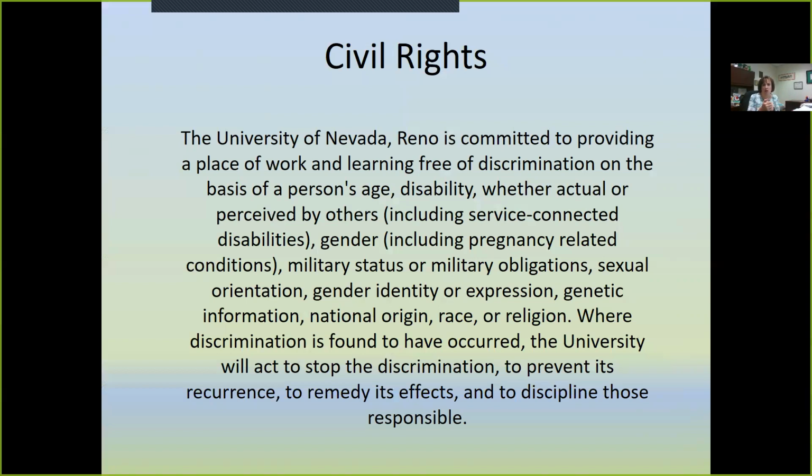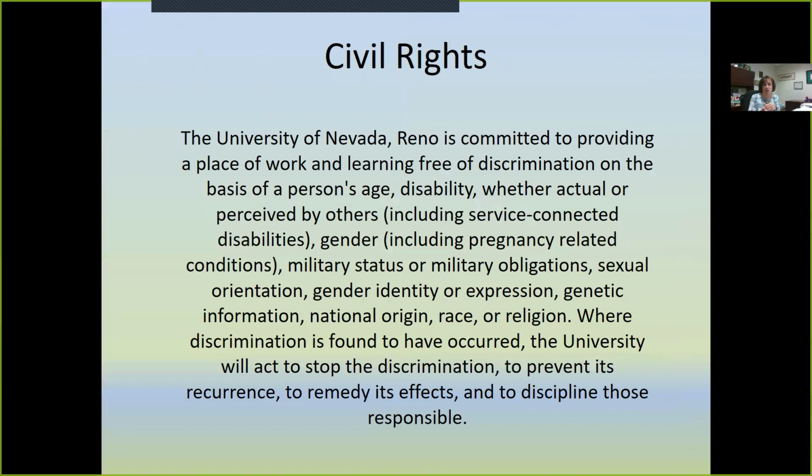The University of Nevada, Reno is committed to providing a place of work and learning free of discrimination based on a person's age, disability, whether actual or perceived by others, including service-connected disabilities, gender, including pregnancy-related conditions, military status or military obligations, sexual orientation, gender identity or expression, genetic information, national origin, race, or religion.